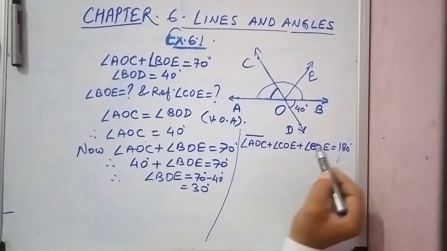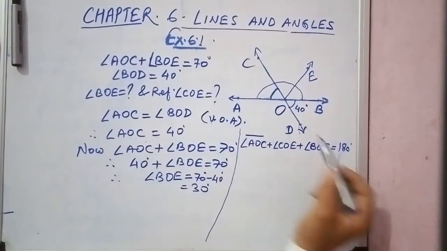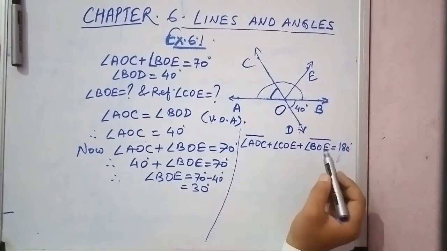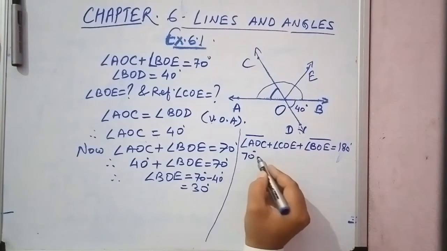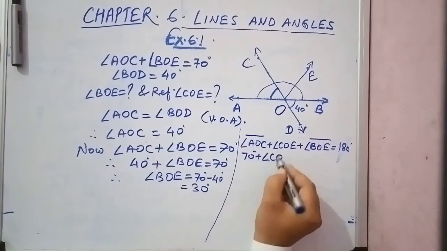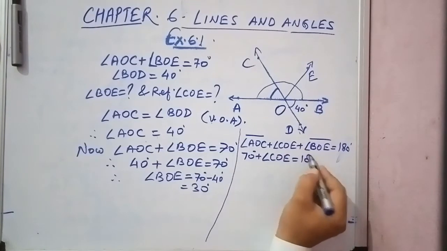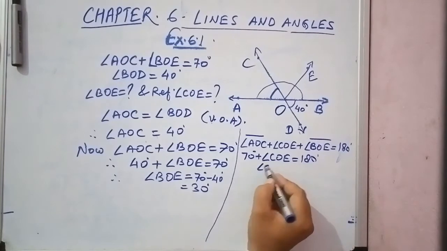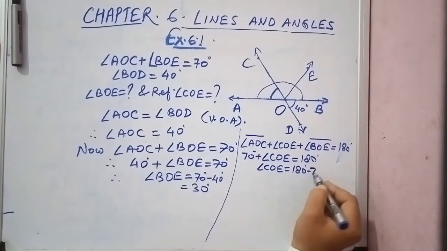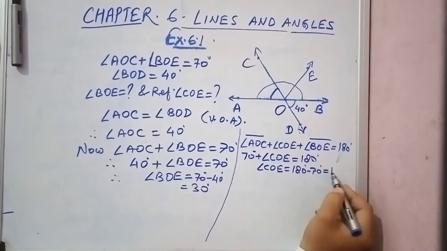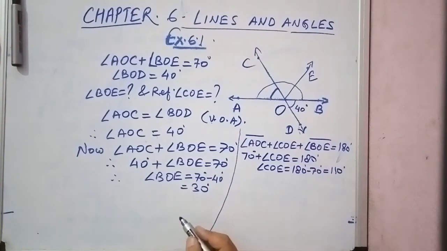Now AOC plus BOE, both angles sum to 70 degrees. So 70 degrees plus angle COE equals 180. So COE equals 180 minus 70, that is 110 degrees.